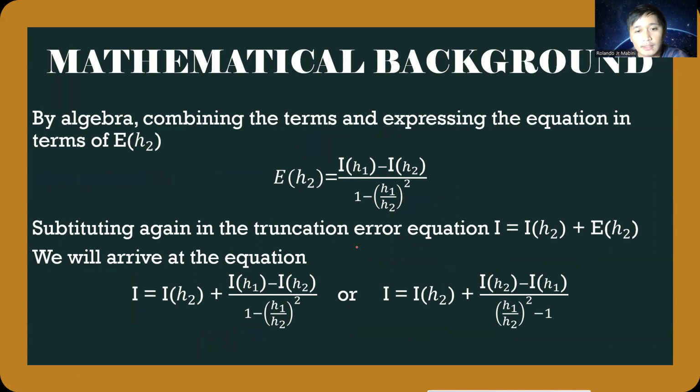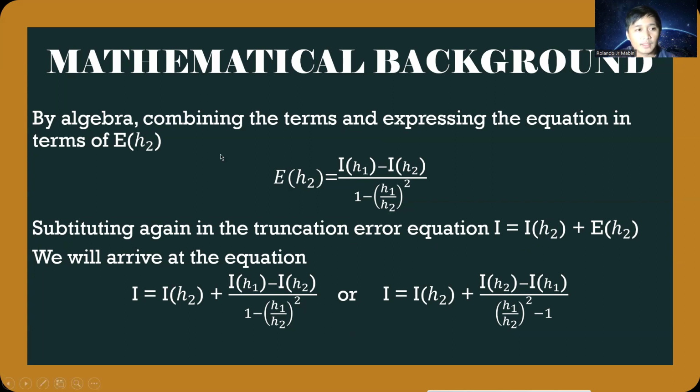Substituting again in the truncation error, in our general equation of the Richardson extrapolation, we have I is equal to I of h2 plus E of h2.